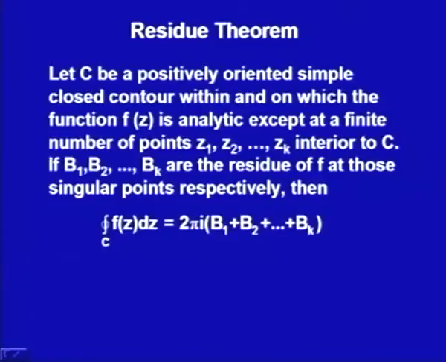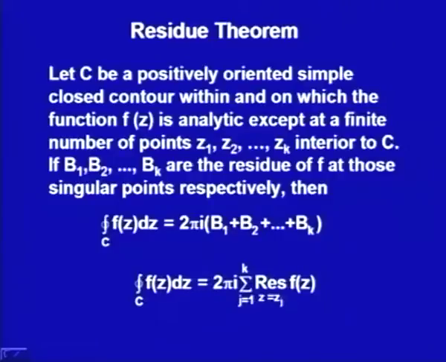In other words, if function f(z) is analytic on the simple closed contour C, and it has a finite number of isolated singularities interior to C, then the integral of that function along that contour C is given as 2 pi i times the summation of residues of the function at those isolated singularities.